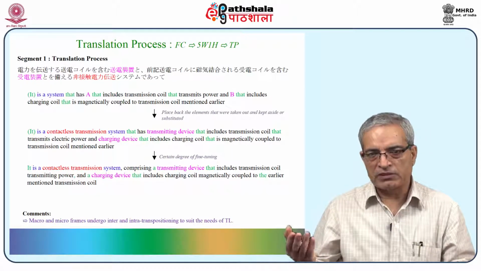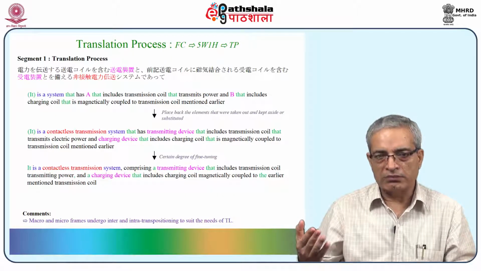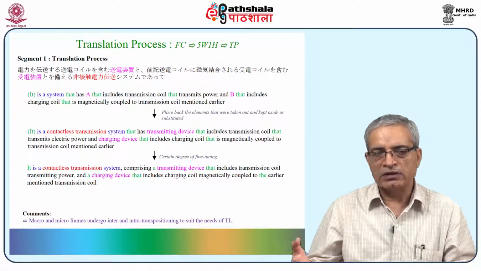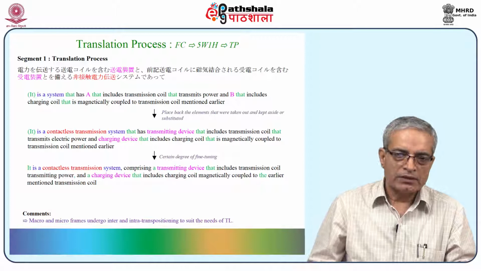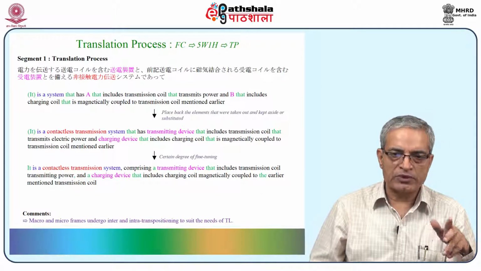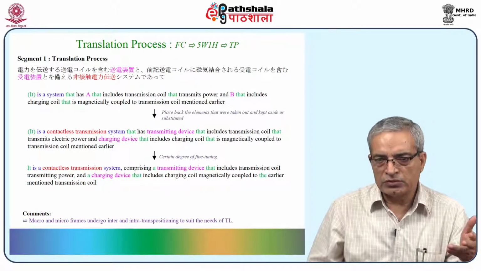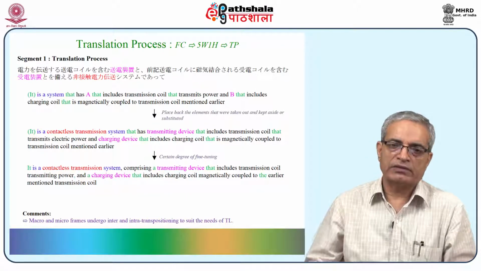In between, for example, charging coil magnetically coupled to the earlier mentioned, if we put 'the', the readability becomes much better. So macro and micro frames undergo inter and intra transpositioning to suit the needs of the target language.